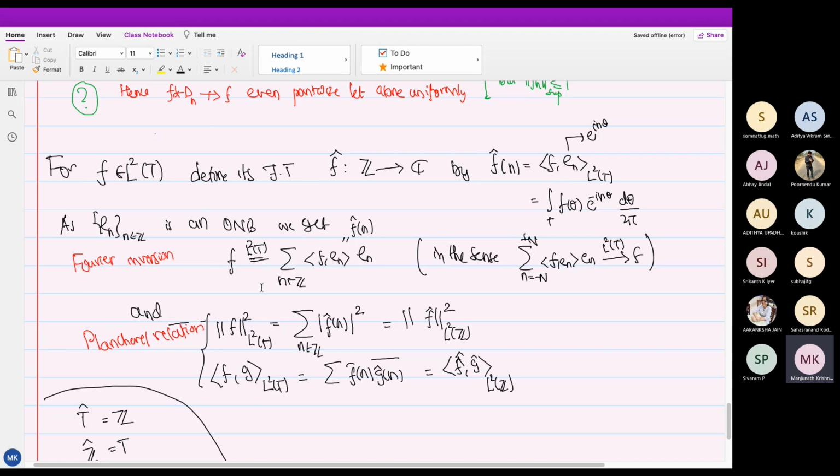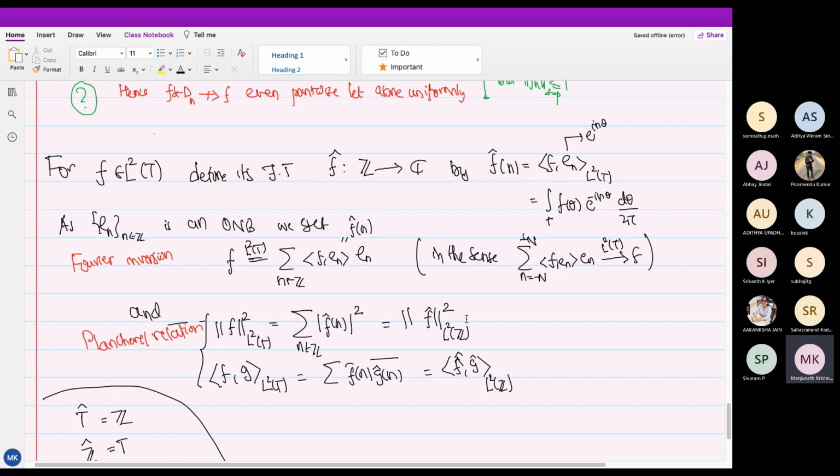And then directly from general orthonormal expansion, we have the fact that the L2 norm squared of f is the sum of squares of the coefficients, which you can write as the L2 norm squared of f hat in L2 of Z, where Z is endowed with counting measure. No normalization, of course, counting measure.